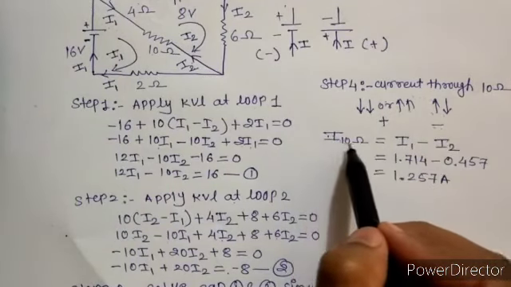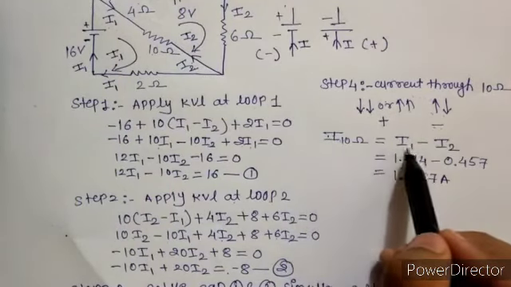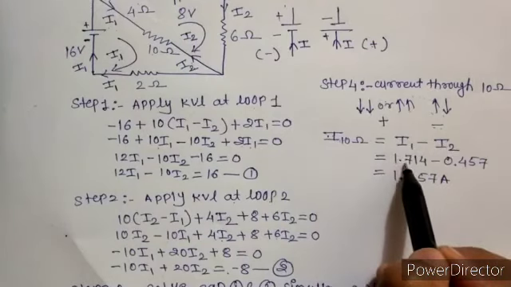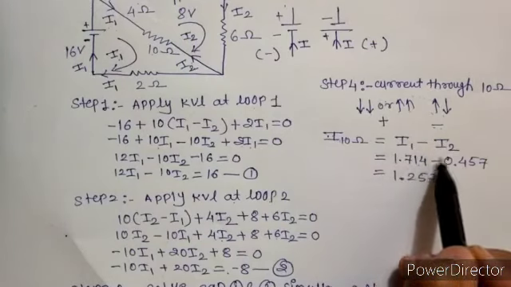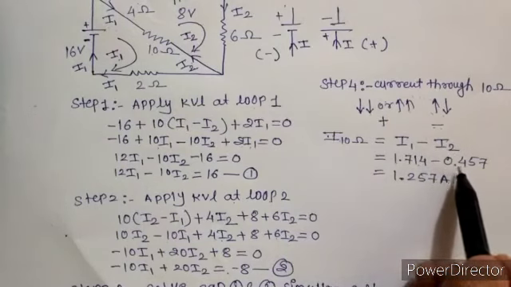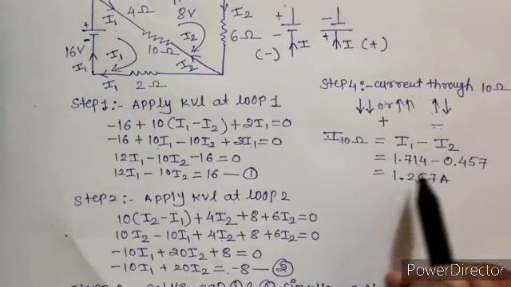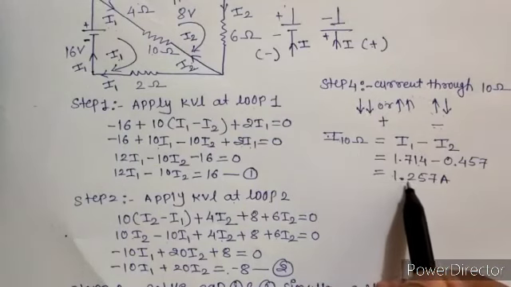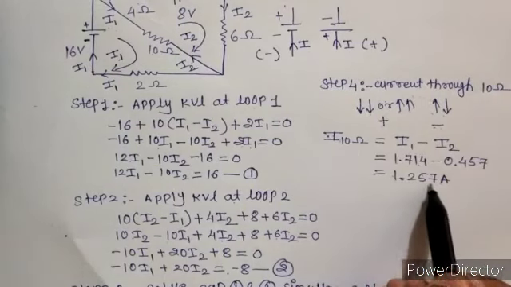So the current in the 10 ohm resistance is I1 minus I2. The value of current I1 is 1.714 and the value of current I2 is 0.457. So we get the answer: the current through the 10 ohm resistance is 1.257 ampere.